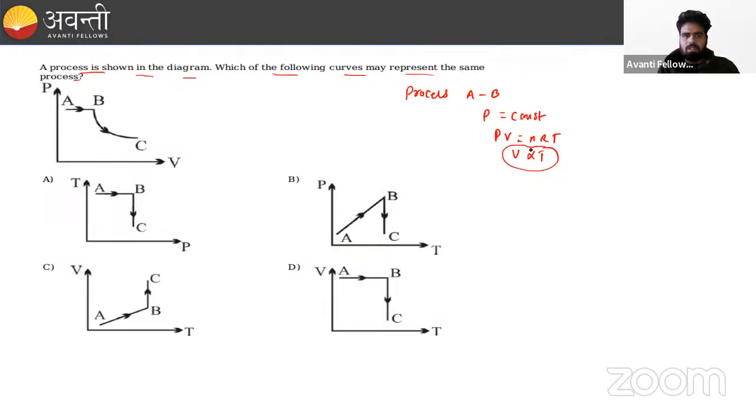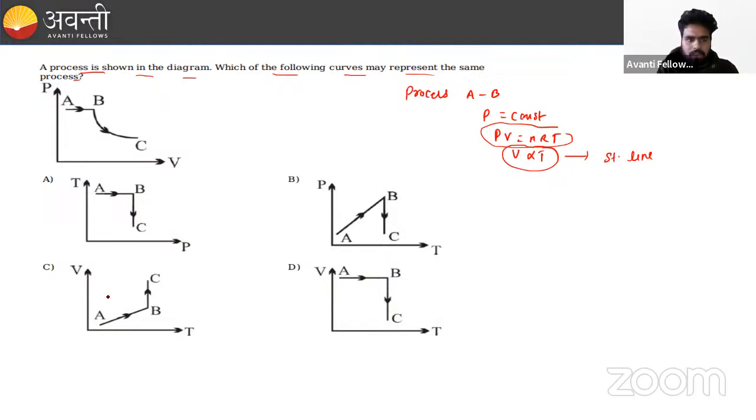Whenever we have to solve such graphical problems in the thermodynamics and kinetic theory of gases sections, we have to write down the ideal gas equation and correlate the various given parameters. As in process AB pressure is constant, volume is directly proportional to temperature. So the volume versus temperature graph for AB is a straight line.